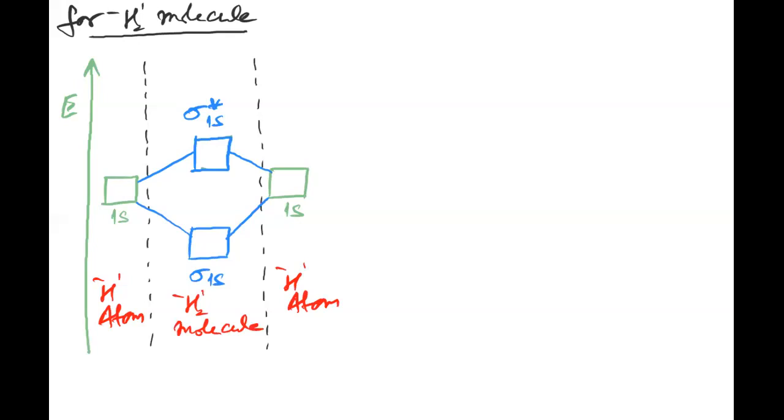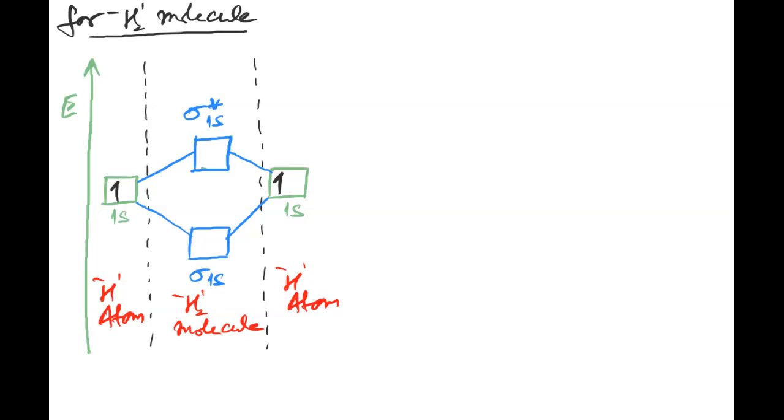In this case, each hydrogen atom has 1 electron in 1s. Due to linear combination of hydrogen atoms, the H2 molecule can form, in which we have sigma 1s and sigma star 1s, the bonding molecular orbital and anti-bonding molecular orbital.